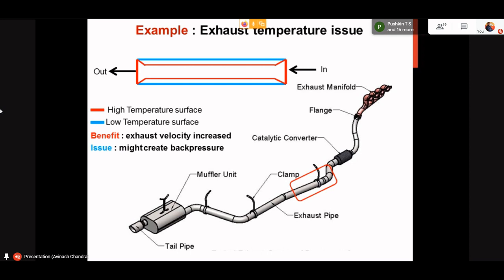This will go with a high temperature. Now the temperature on this surface will be high, and the temperature on the other surface will become low. With this we have achieved almost 54 degrees of temperature reduction, which was a high achievement.